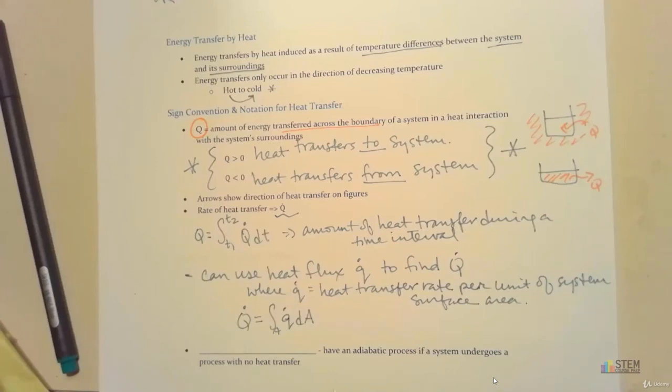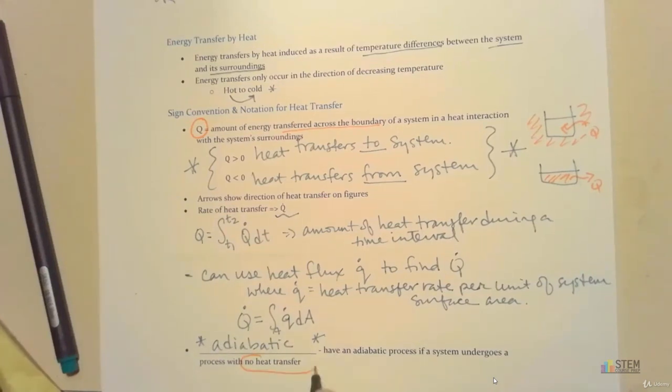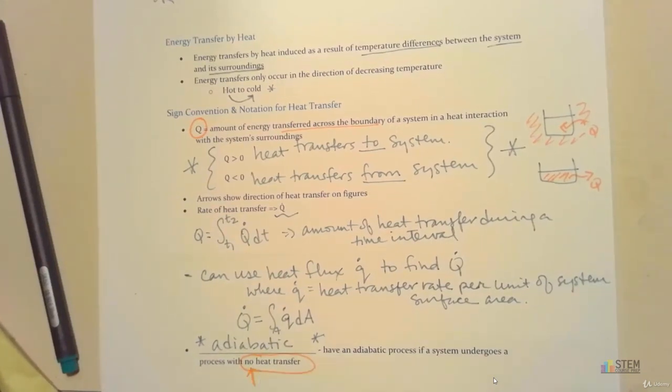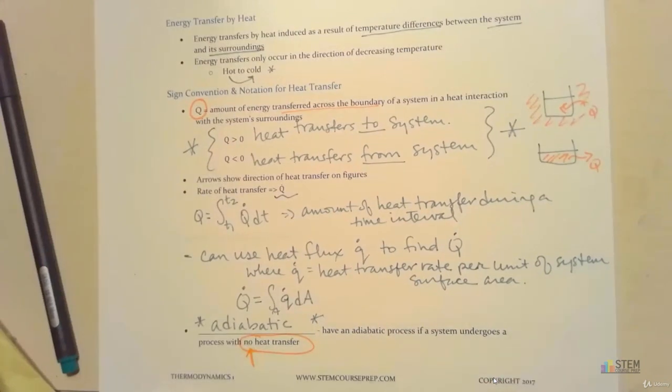Now, next, we've got a term that we need to look at, and this is one of the keywords we want to pay attention to. This term is adiabatic. Okay? So adiabatic, what does that mean? We're going to have an adiabatic process if the system undergoes a process with no heat transfer. Adiabatic means no heat transfer.